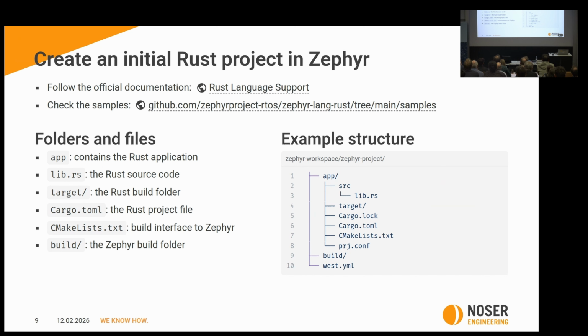So we have application, we have this source lib.rs file that's gonna be our Rust code, and we will have a look at what it could look like in a minute. We will have those Cargo.toml files, which is the Rust project file. And there's some quite known things like a CMakeLists, the west.yml, and so on.